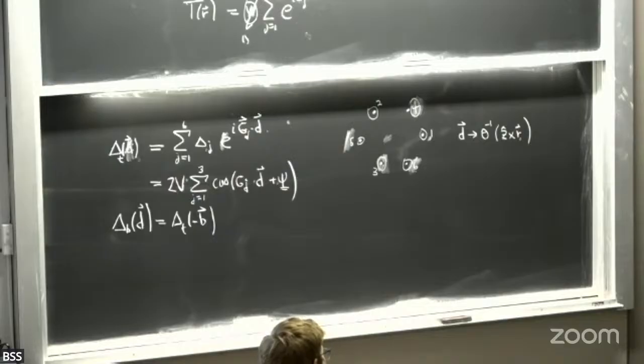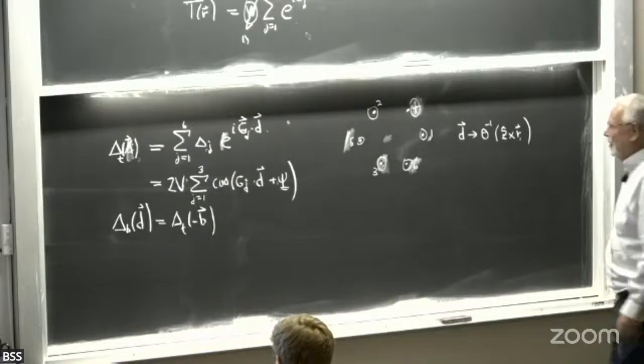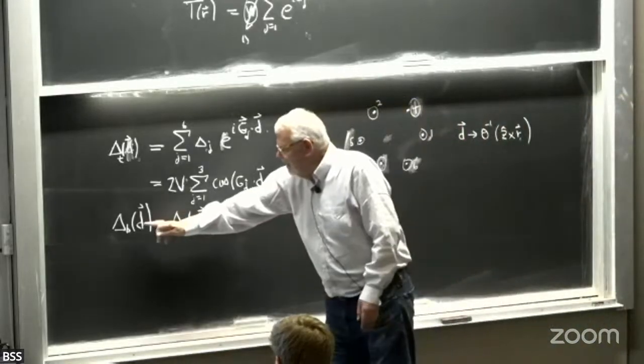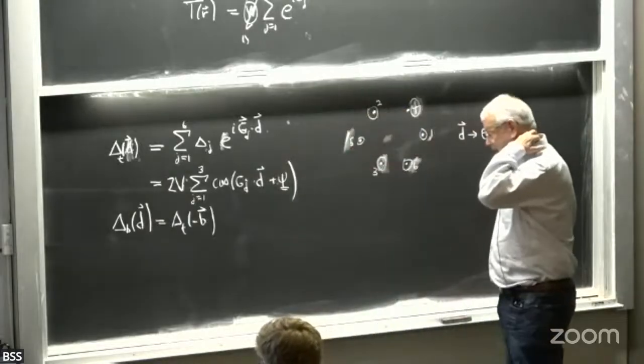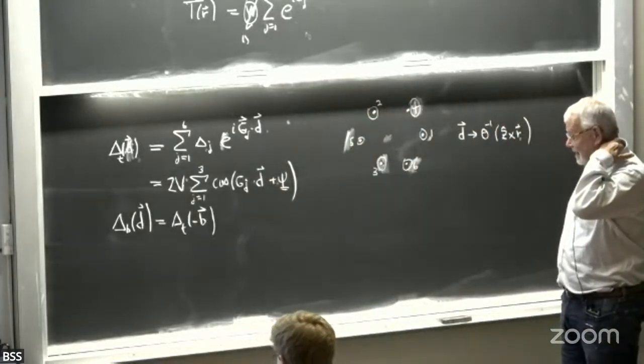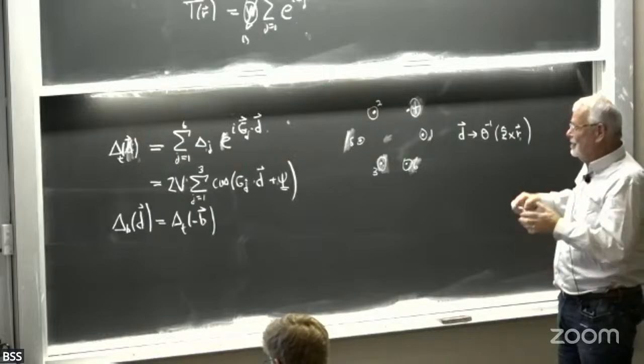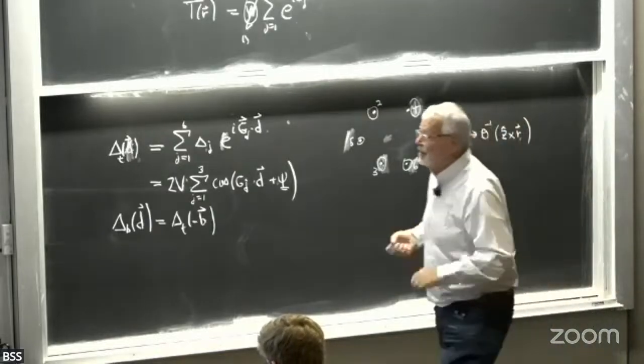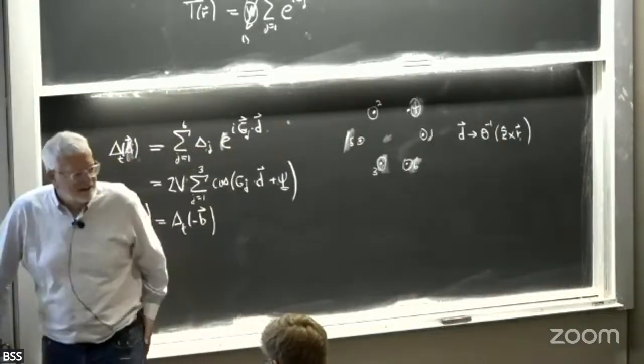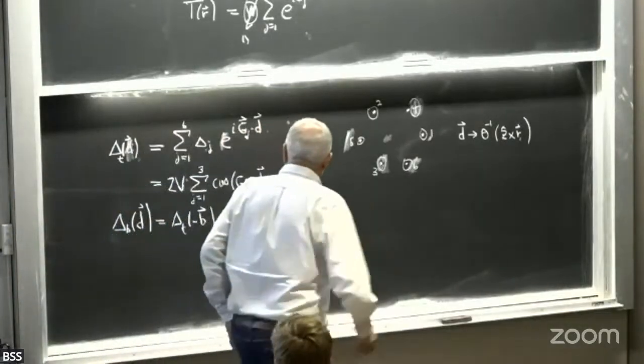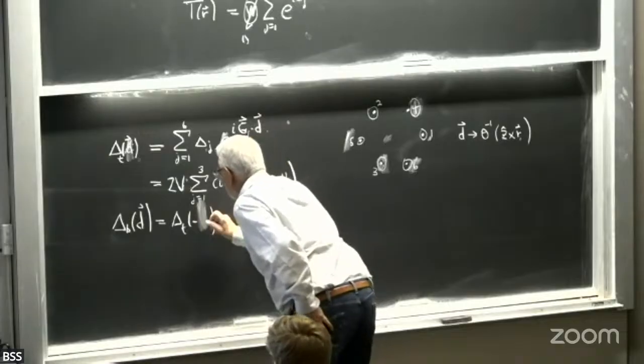So the two layers change place. I'm not saying this is exactly right, but you can convince yourself that the bottom layer potential is just the top layer potential at the different position. And sorry, that should be D. Thank you.